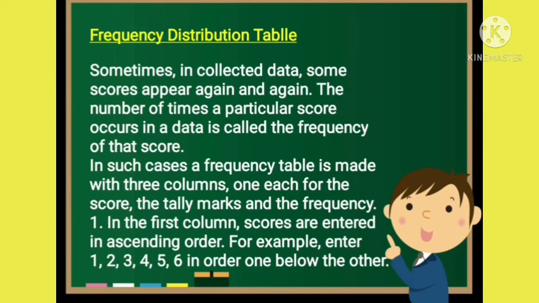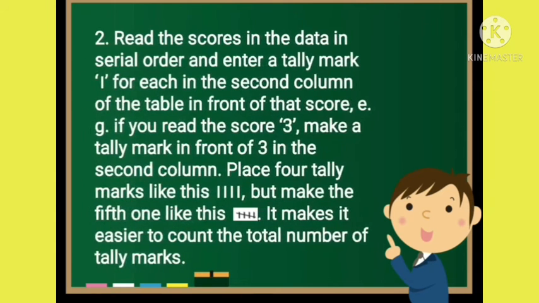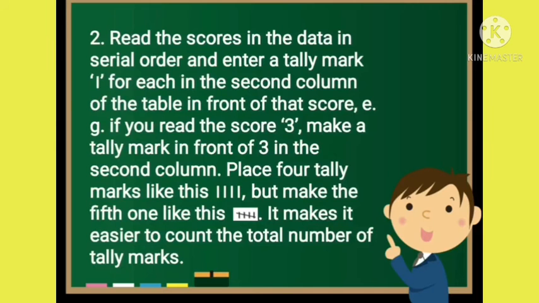For example, enter 1, 2, 3, 4, 5, 6 in order one below the other. Second point, read the scores in the data in serial order and enter a tally mark, that is Roman I, for each in the second column of the table in front of that score.